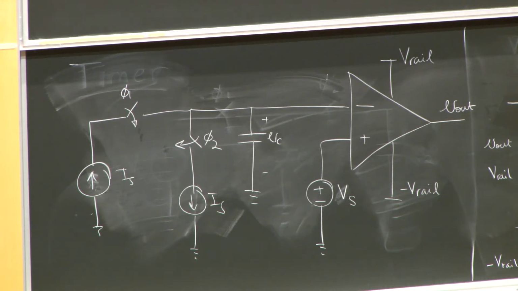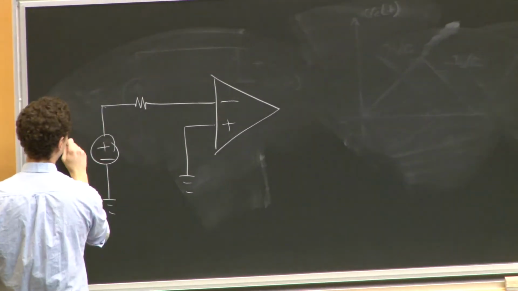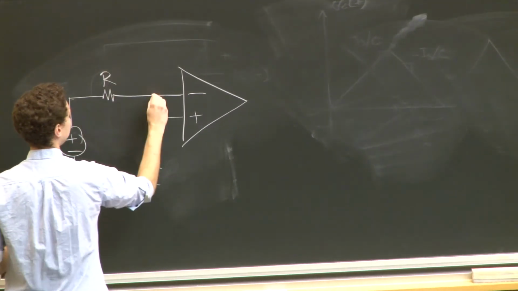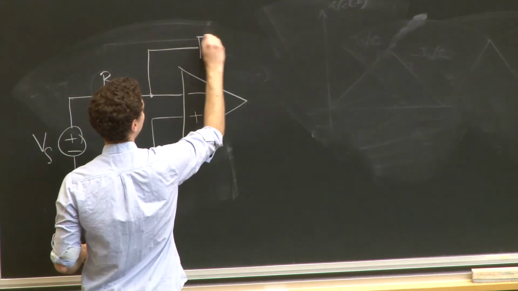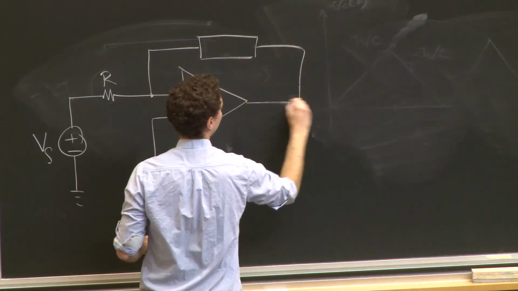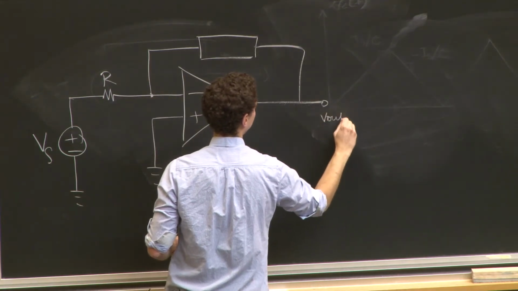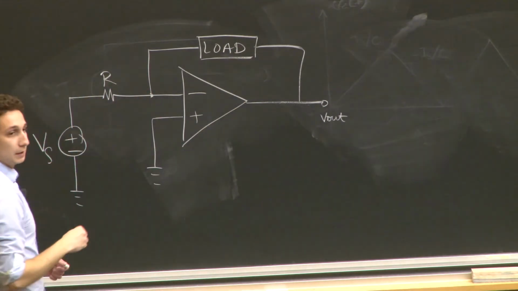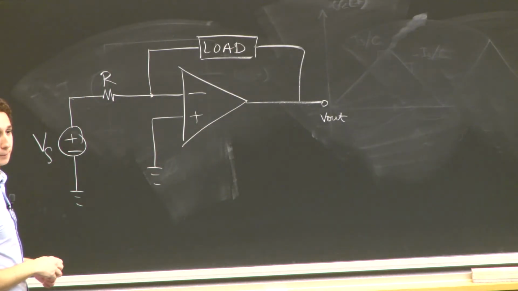We had the following circuit, right? We had some voltage, Vs, some resistor R, and we put, here's V out, we put some load in feedback across this amplifier.